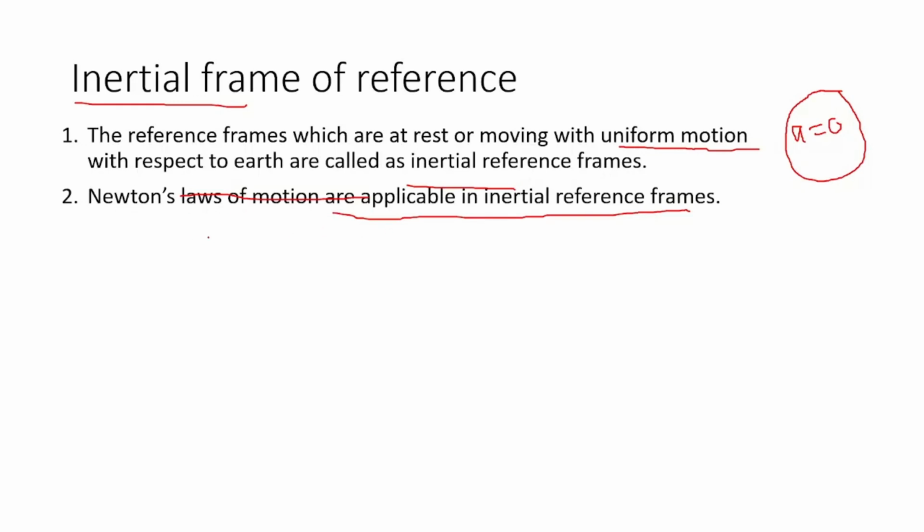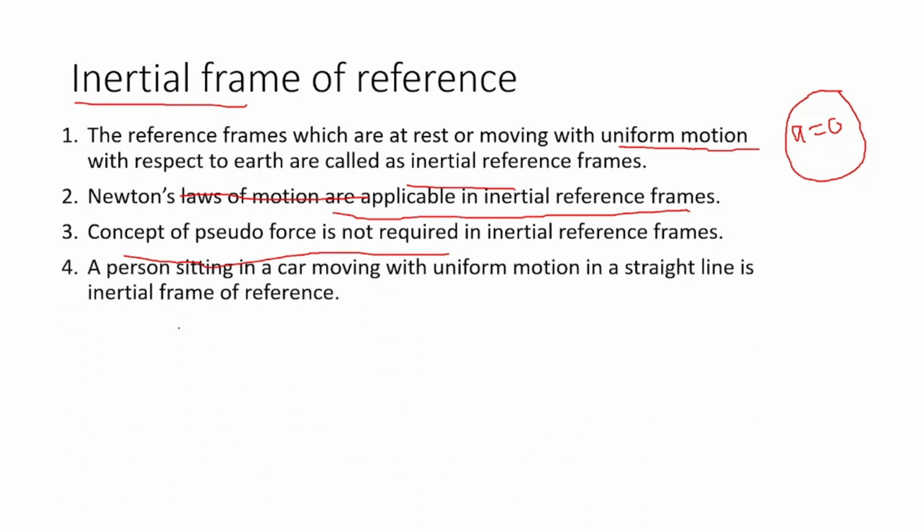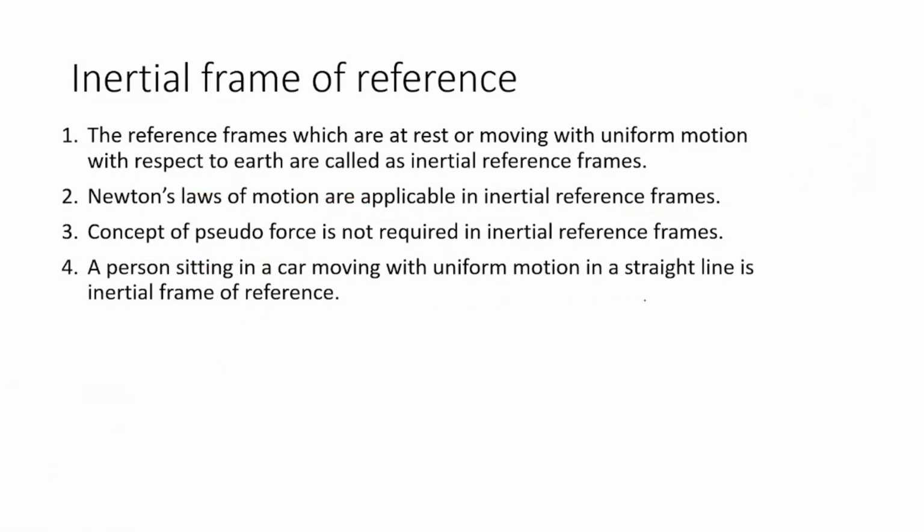So the concept of pseudo force is not required in an inertial frame of reference, and an example of an inertial frame of reference is a person sitting in a car moving with uniform motion in a straight line.